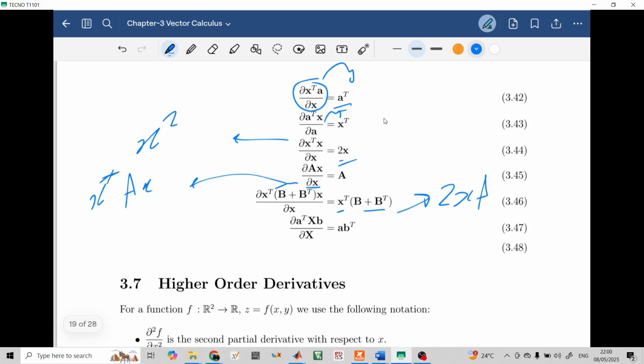Think about this thing, this is another quadratic form. So this is the general case, and this is the special case that we usually deal with. And if you have a general quadratic form and you take the derivative with respect to the matrix x, you get a b transpose. Okay.